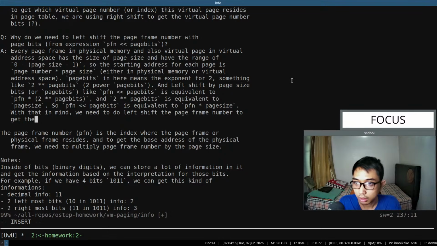To get the starting or base address of the page frame in physical memory.